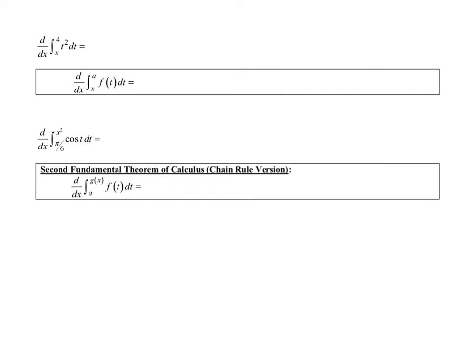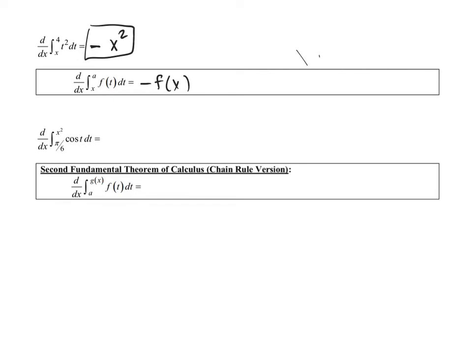It basically just means that we apply a negative to the integral, and so the answer here is going to be negative, and then I'm going to do exactly what we did before, which is replace t with that variable bound, and so I'm going to get negative x squared. So if that variable bound is the lower bound, then the derivative of that integral is going to have to be the opposite, or the negative, of f of x.